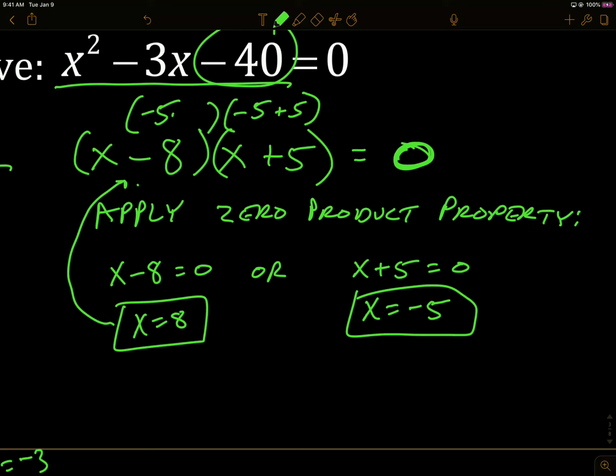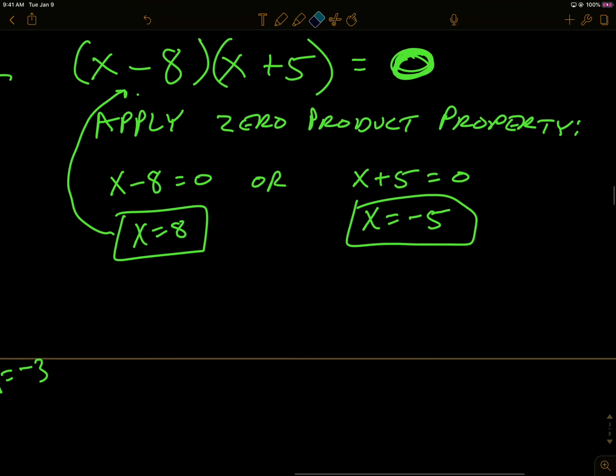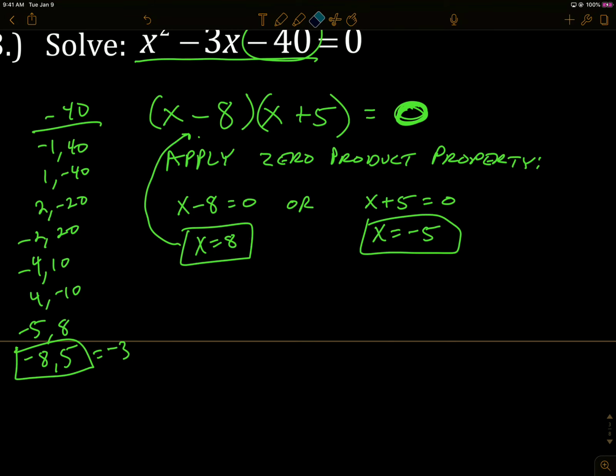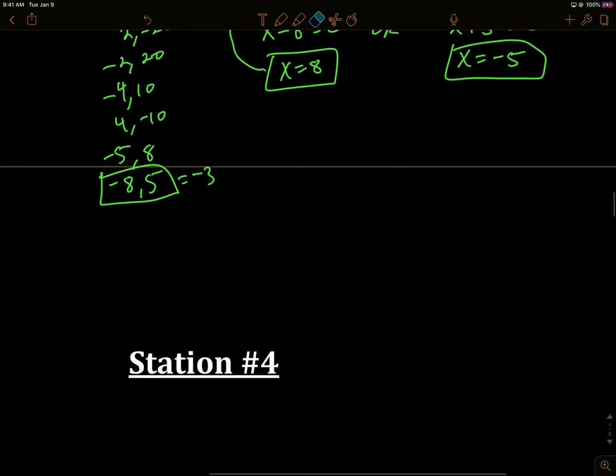In this factor, I get that. I get negative 5 plus 5 is 0. I don't care what I get over here, because 0 times that is going to be 0 anyway. Right? So that's how this zero product property is working. That's what's at the heart of it. When you multiply by 0, it makes everything equal to 0. So that's how we do that. And that was our station number 3.